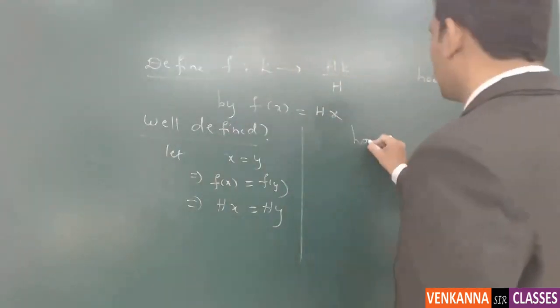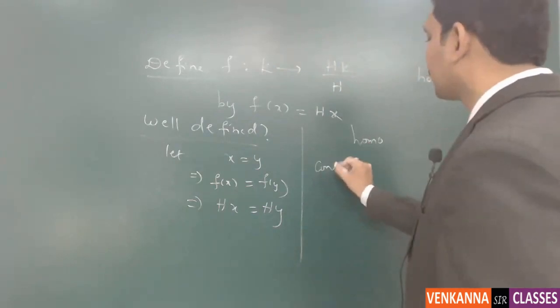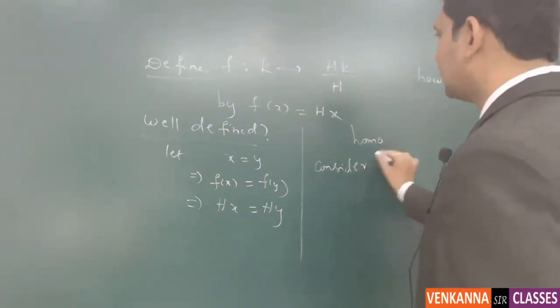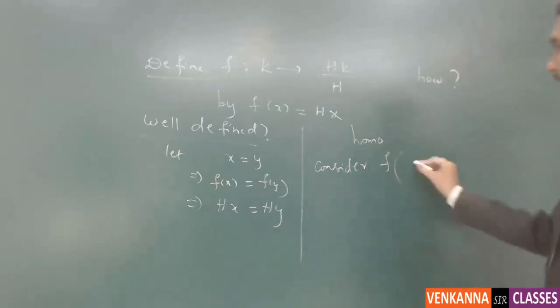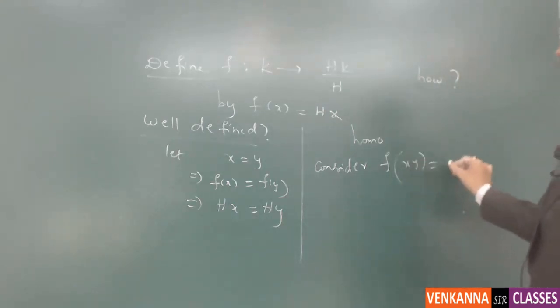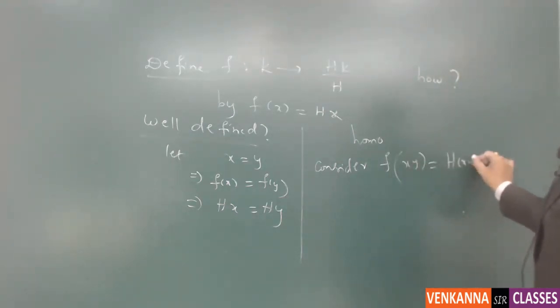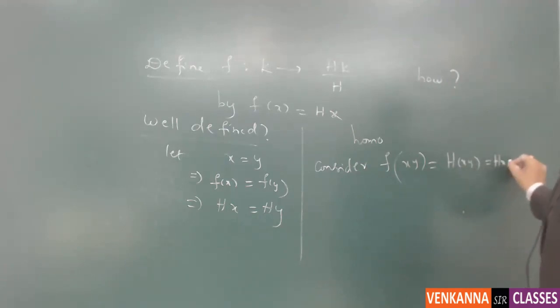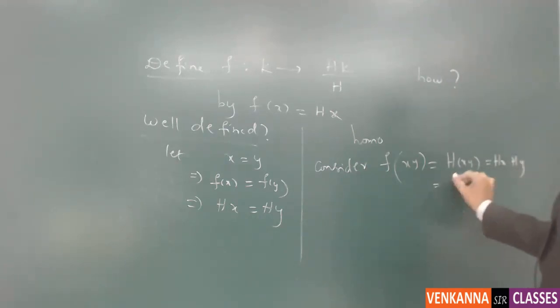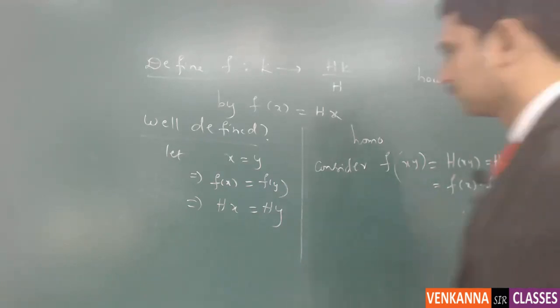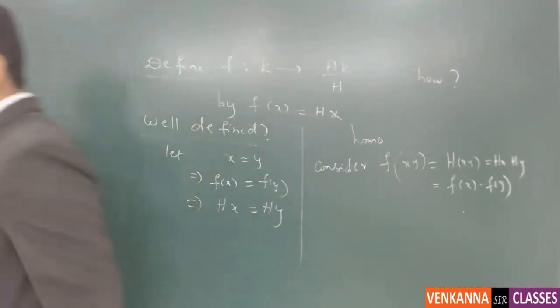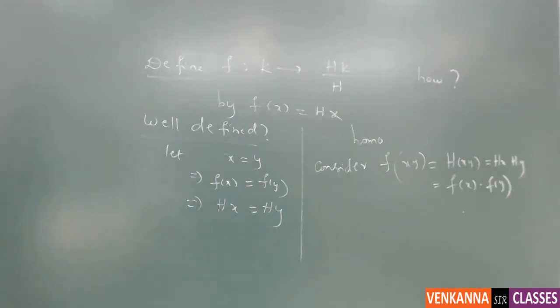If you check for homomorphism, consider f of xy. This is Hxy, nothing but Hx dot Hy. So equal to f of x into f of y. Therefore, it is a homomorphism.